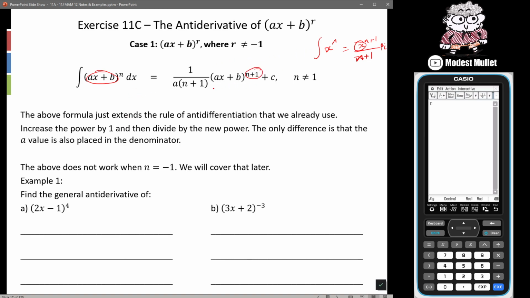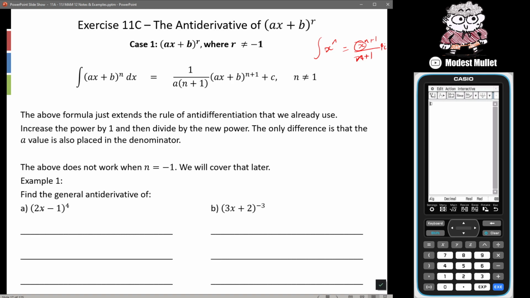We add 1 to the power and divide by that new power. The only thing that's new is that we're putting an a out the front. So instead of x to the n, we've now got ax plus b to the n, a linear subfunction. Exactly the same: add 1 to the power, divide by the new power, but also whatever the coefficient is, stick it in front. Let's get straight into a couple of examples.